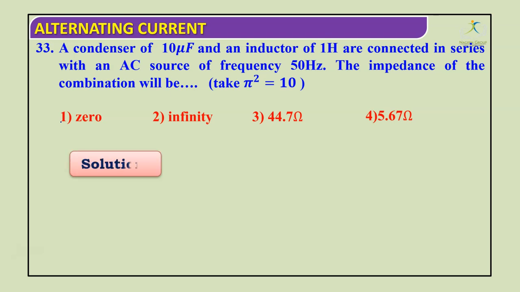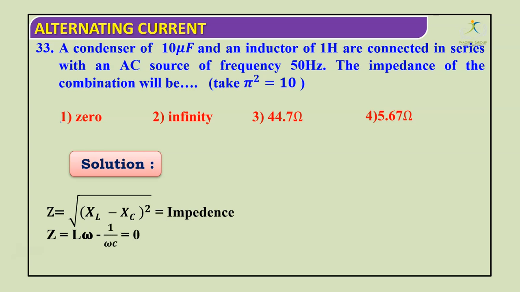So the procedure part will be, we know that the value of under root of (XL minus XC) whole square gives the value of impedance. For an inductor, XL will be omega L, minus 1 by omega C in the case of a capacitance or capacitive reactance. This will be equal to 0. So the correct answer will be 0.